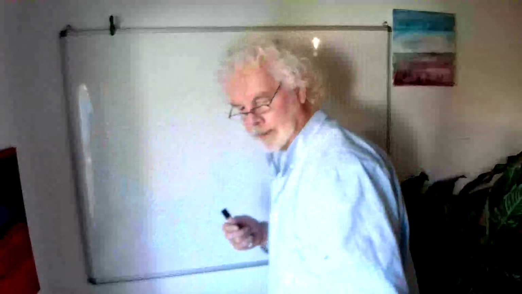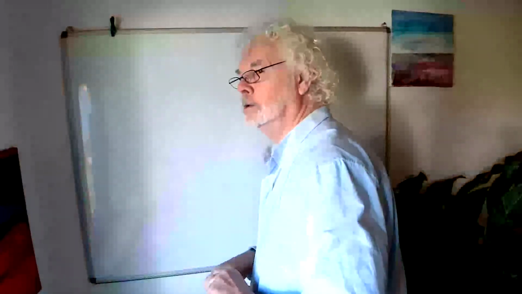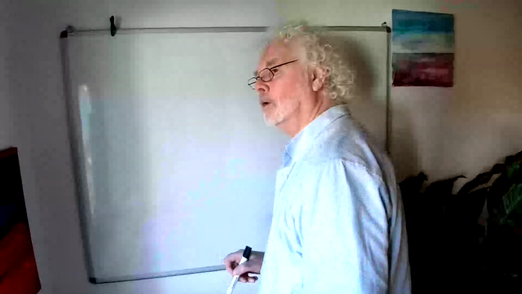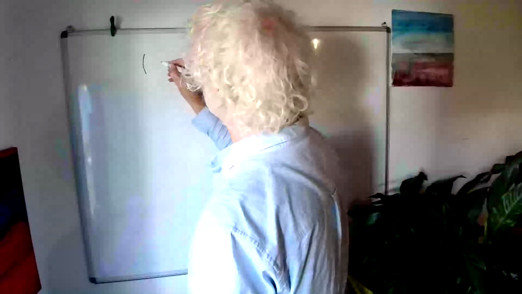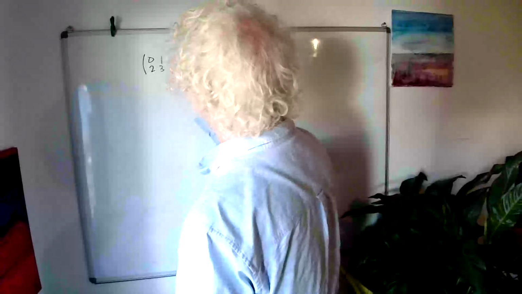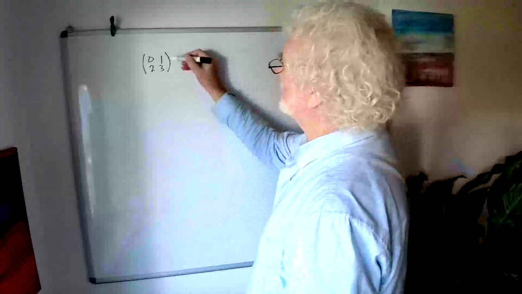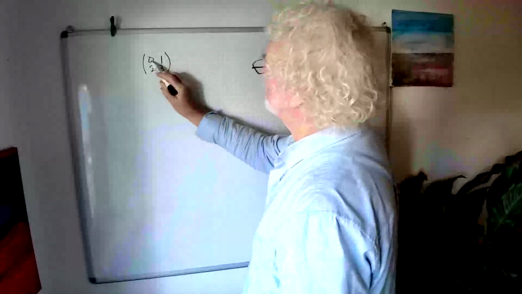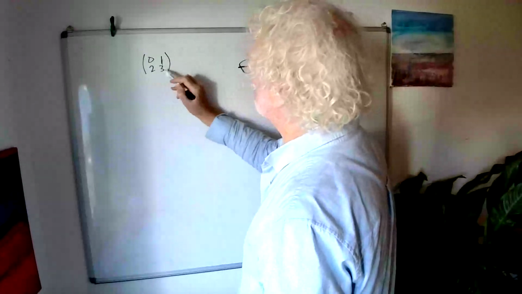I'm going to tell you about something called matrices. Nothing to do with the film. Matrix. One matrix, two matrices. And a matrix can be something like this: 0, 1, 2, 3. So this is a matrix with 2 columns and 2 rows.